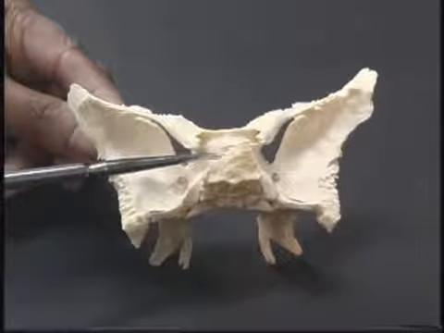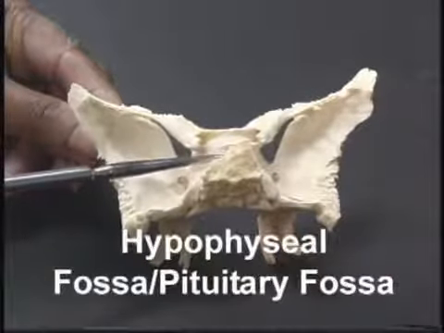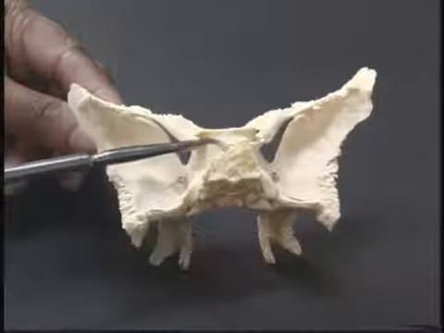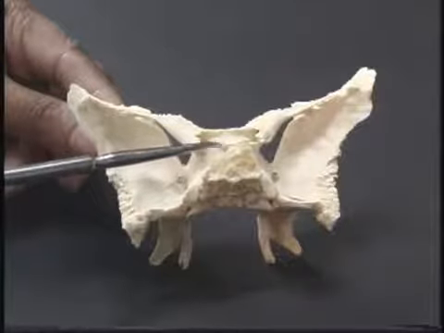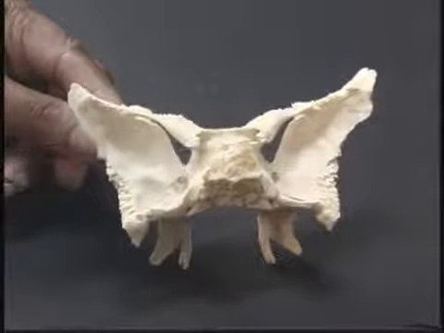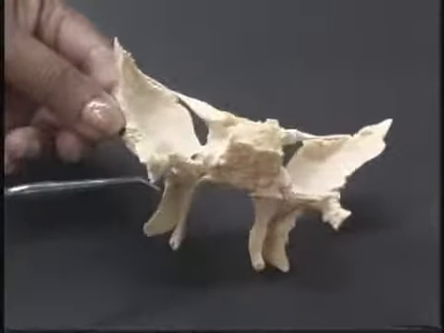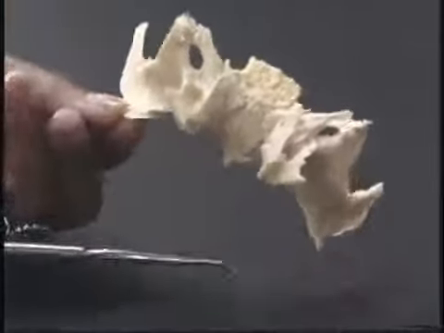This fossa is known as the hypophyseal fossa or pituitary fossa. The pituitary gland lies in this depression. Now we look at the two plates which project downwards.